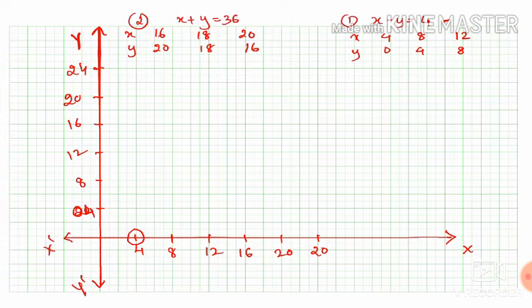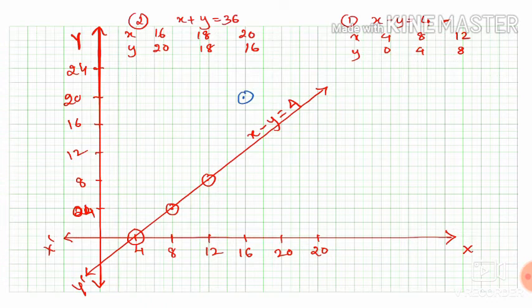Then the next point is 8, 4 and 12, 8. We get 3 points lying on a straight line, so let's join them. Don't forget to mark the arrows and label your line before going on to the next equation.